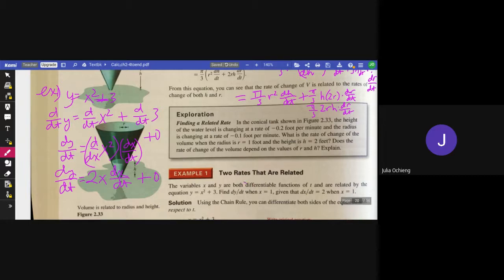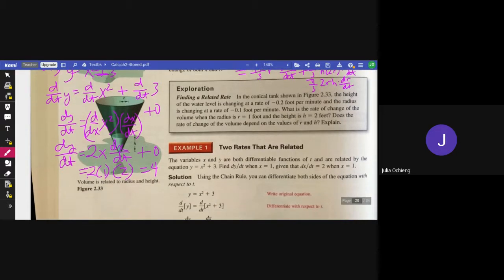All right. They asked for dy over dt. So this is already isolated on the left. That's pretty nice and convenient. They told me that x equals 1, so I can plug in 1 for x. And they told me that dx over dt is 2, which is also nice. So 2 times 1 times 2 equals 4. So my answer is going to be the change in value of y in terms of t is equal to 4.